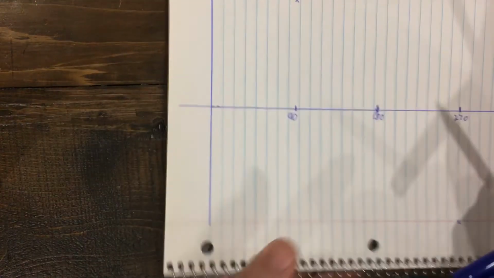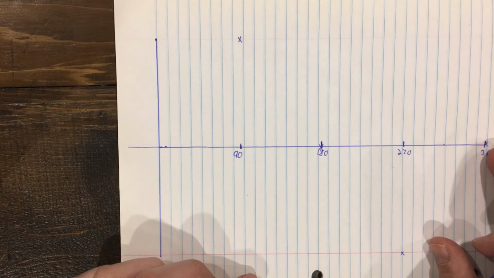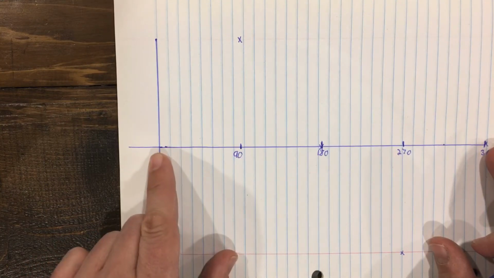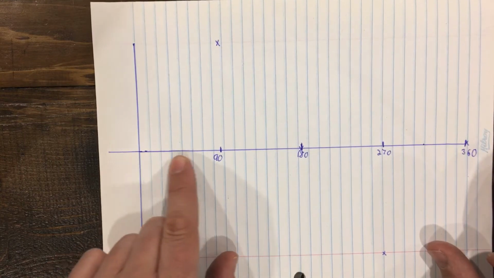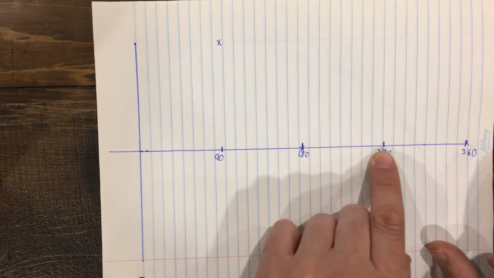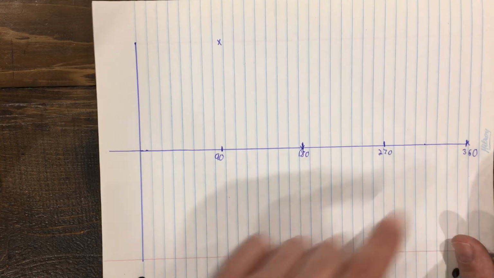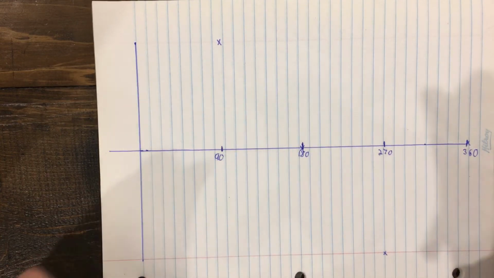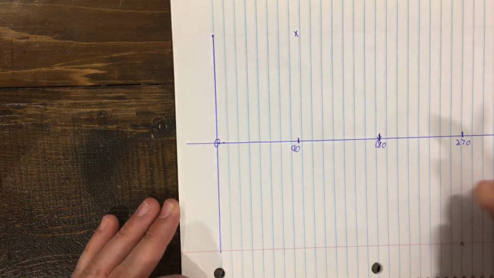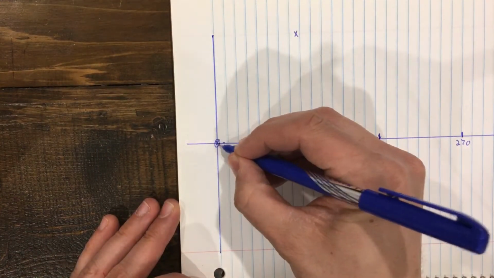Okay, so we're going to look at that, and I've sketched out just a grid with, along my x, I have my degrees. So in equal spacing, 90, 180, 270, and 360. So what I'm doing to that unit circle is I'm stretching it out. Okay, and we know at 0, the sine function had a height of 0.